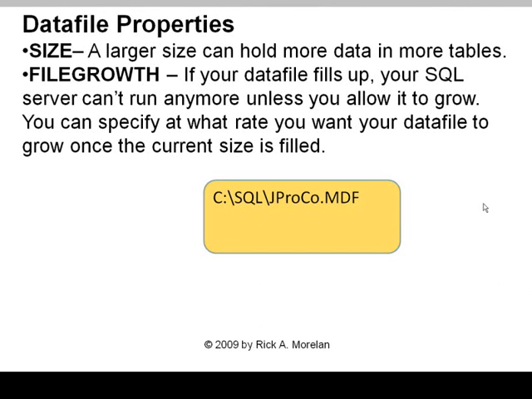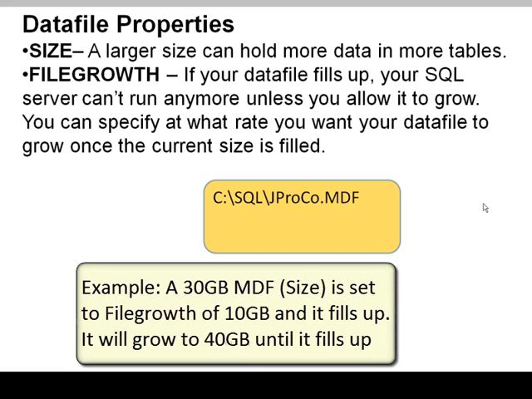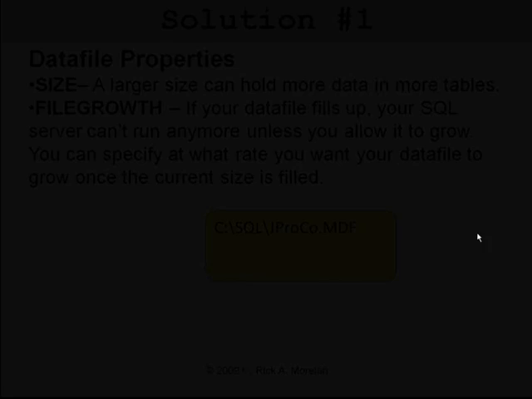So if your data file fills up, SQL Server can't run anymore unless the data file is allowed to grow. You can specify at what rate it will grow. Okay, a 30 gigabyte data file fills up. Do you want it to go to 31 or do you want it to go to 40? How much incremental growth do you want every time it fills up? That is known as file growth.